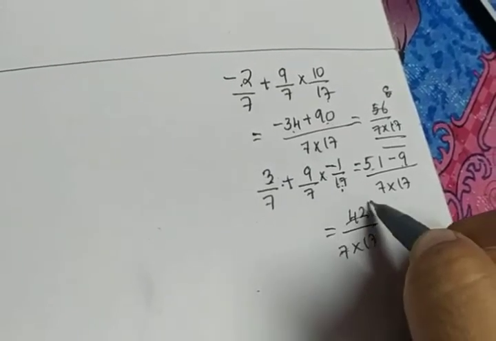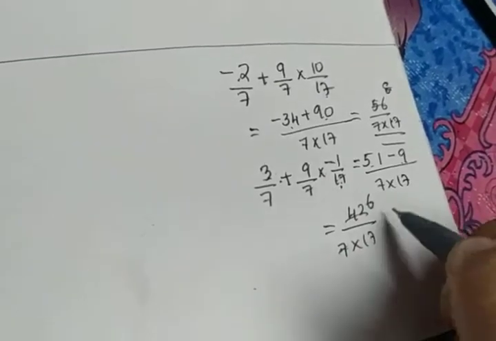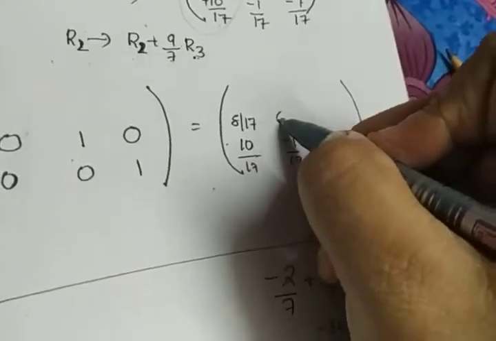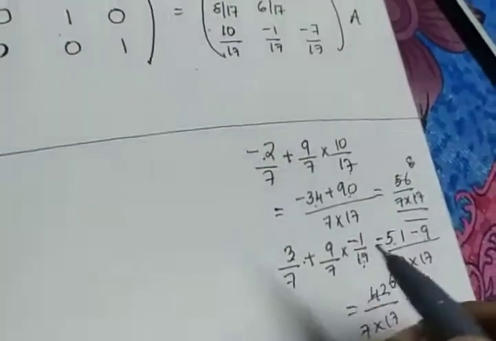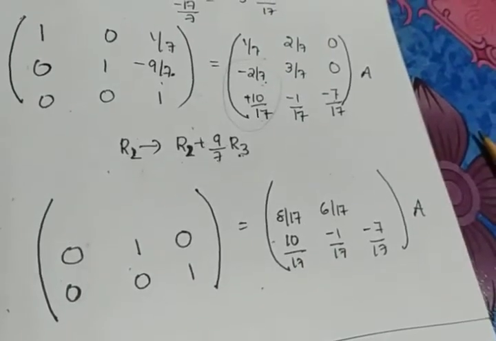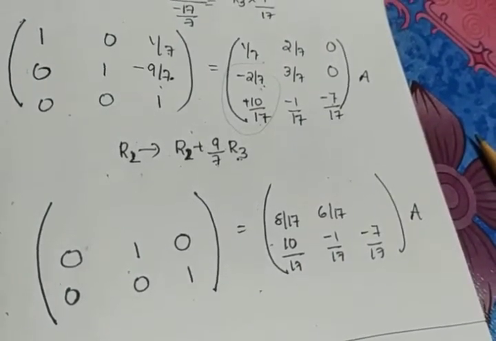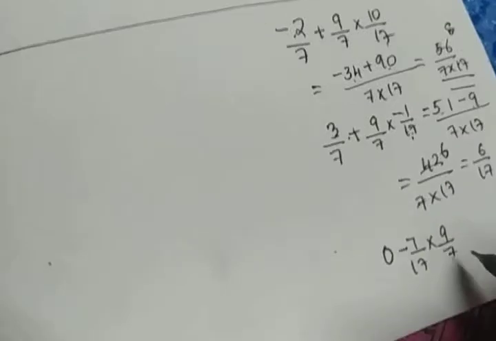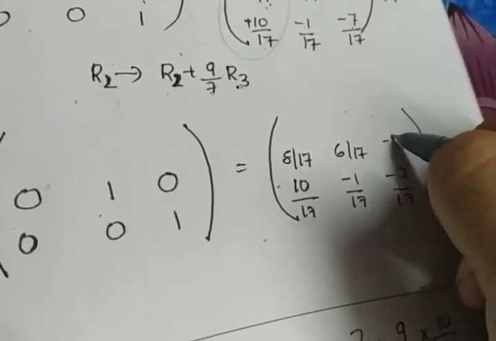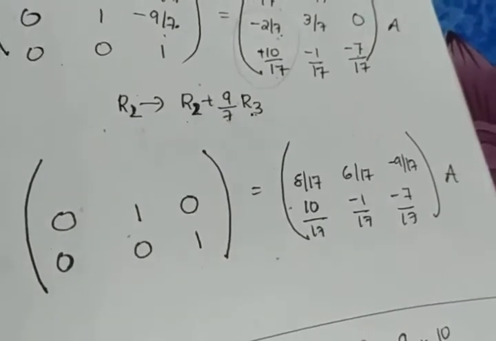This gets cancelled: 7 into 6 is 42. So we are getting the second term as 6 by 17. And the third element: 0 minus 7 by 17 into 9 by 7. So 7 gets cancelled, giving you minus 9 by 17. So the second row is okay, isn't it?